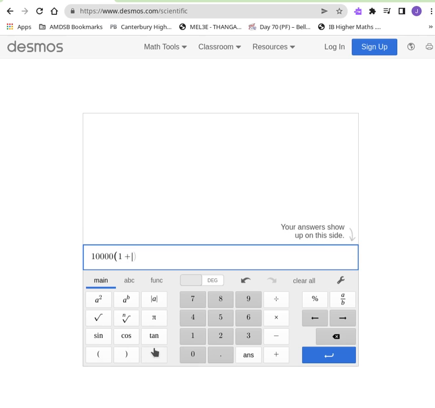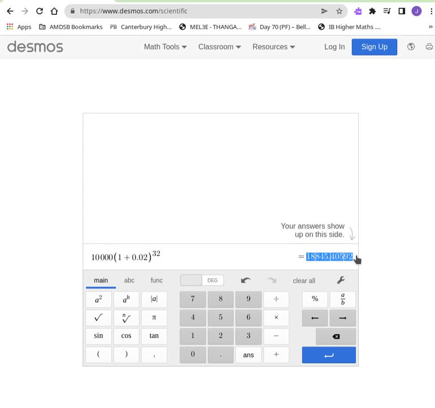Then we go 1 plus 0.02, end bracket, and to get our exponent, we click this button, a to the b. This raises our thing to the exponent 32, and then we get our final answer, $8,845.40, right? And we're done. That's our answer.